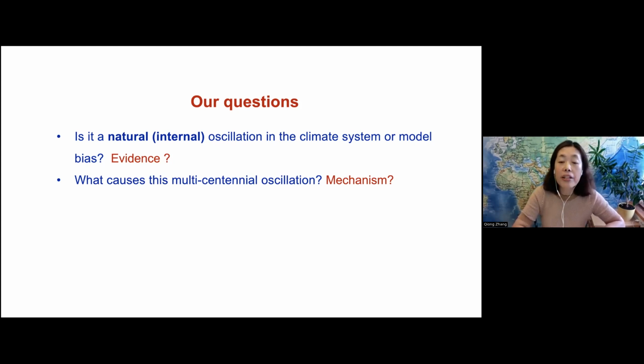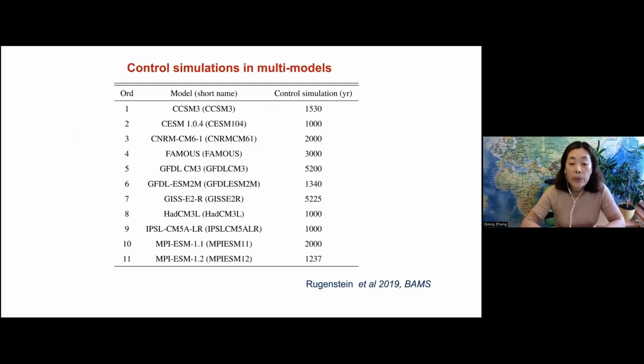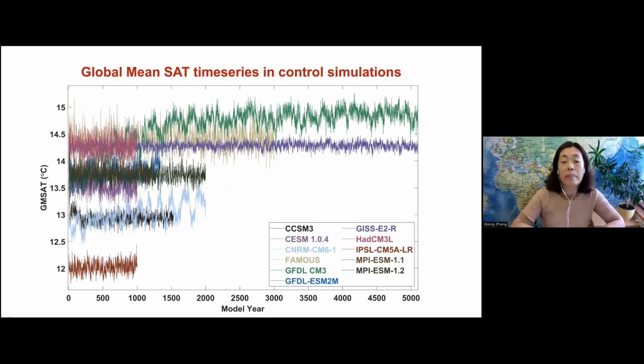There are also a bunch of other models that ran very long PI control simulations, already published in 2019 in the PMIP simulations. You see that some models even have 5,000 years. So we also took a look at these other control simulations.